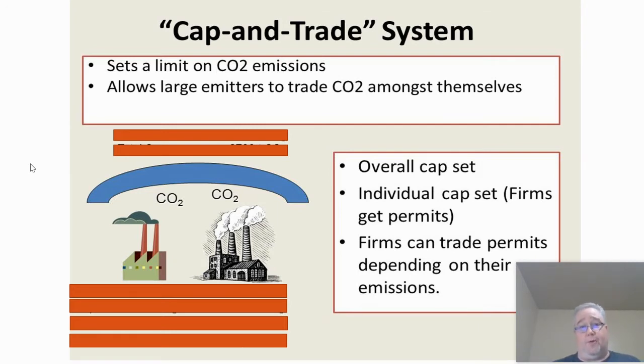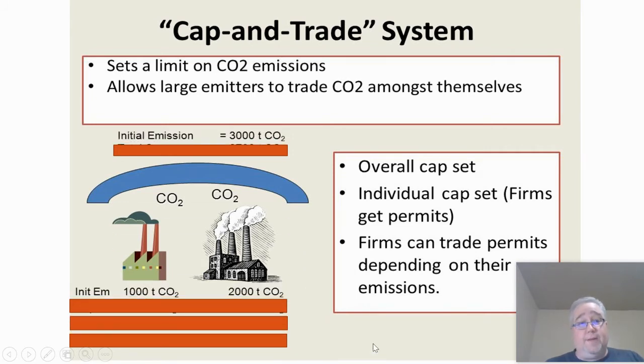Let's say, for example, that in this picture here you have these two factories. Let's just say that this is in some European country. It could be right here in the United States as well. But let's say that these two factories emit a total of 3,000 tons of carbon dioxide every year.